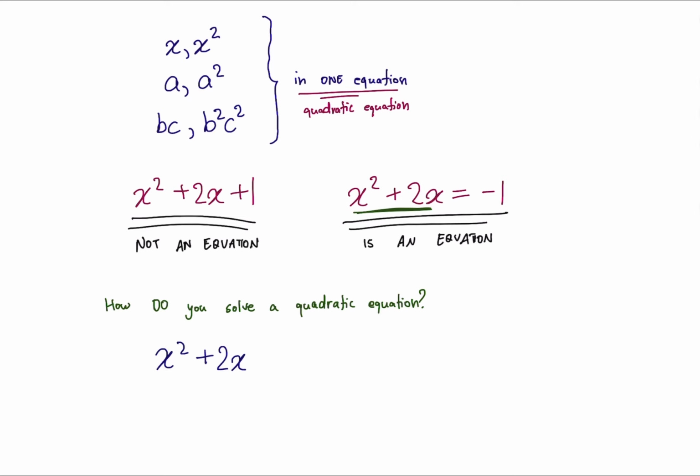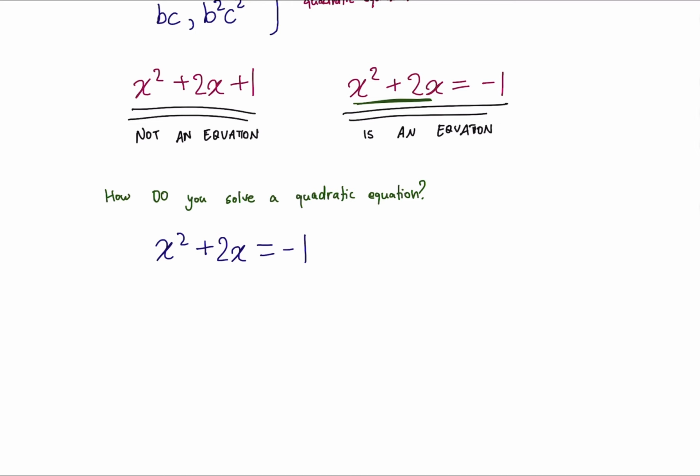The first step is you want all the terms on one side, on the left-hand side of the equation, so that you have 0 on the right side.